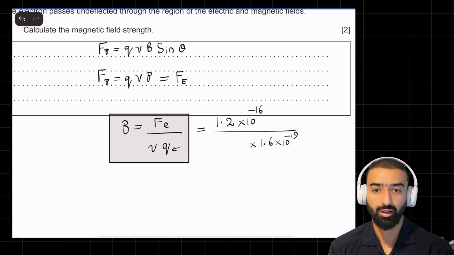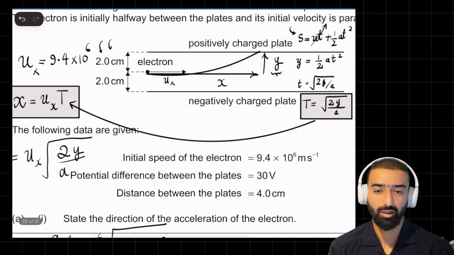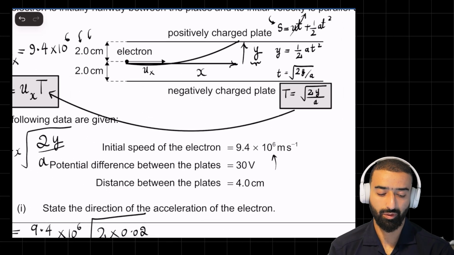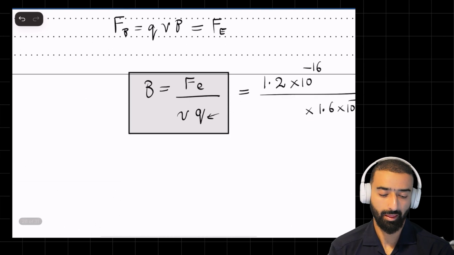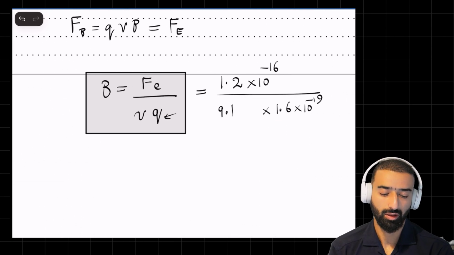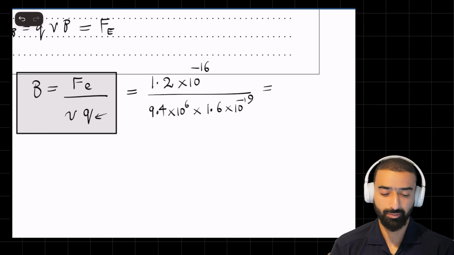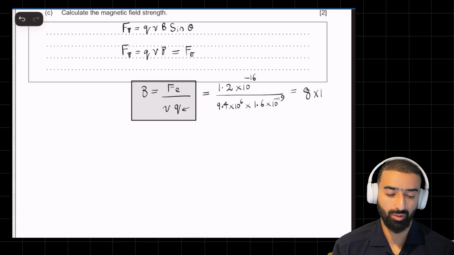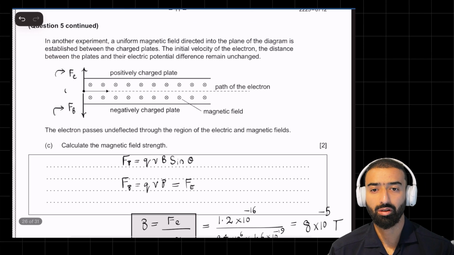For the V, that is the speed, we go to the problem and use this value, 9.4 into 10 to the 6. Let's use our calculator. We'll end up with 8 into 10 to the minus 5, and the unit is Tesla. And that completely solves this problem.